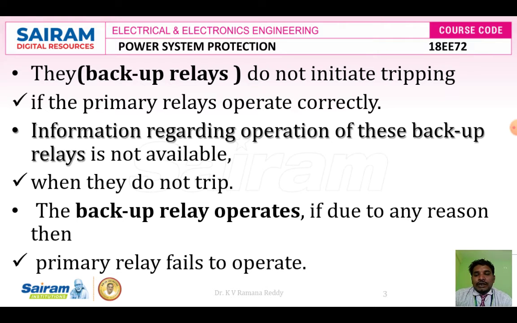If for any reason the primary relay fails to operate, then only the backup relays give the command signal to the appropriate circuit breaker to isolate that faulty element, not the healthy element of the system or the supply.